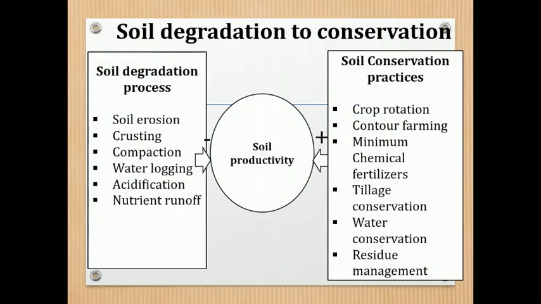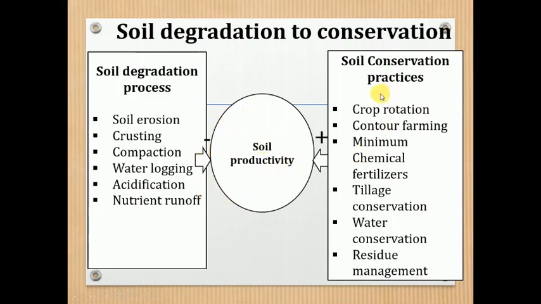Finally, the soil degradation processes and soil conservation practices. How both these things are contributing to the soil productivity. Soil degradation processes like soil erosion, crusting, compaction, waterlogging, acidification and nutrient runoff are negatively contributing to the productivity of the soil.